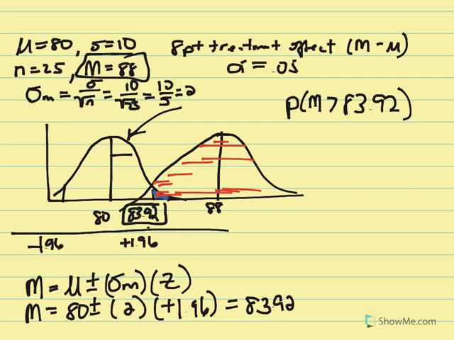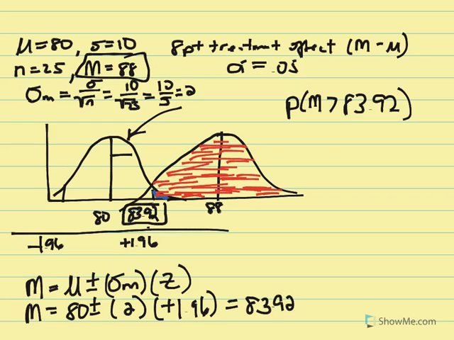Based on that other visual from the text, this is the body of that distribution, the treated population. Our job is to find out what that proportion is equal to: the probability of obtaining a sample mean greater than 83.92 from the treated population that has an average of 88.